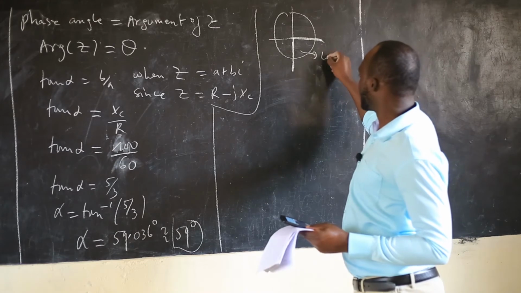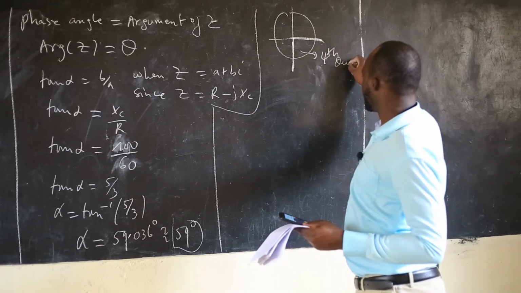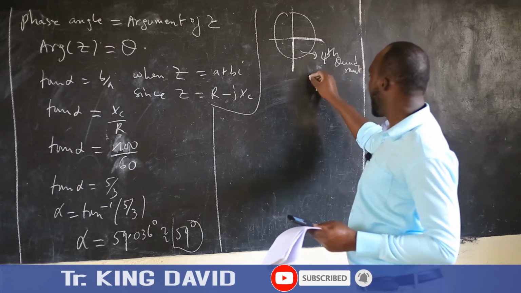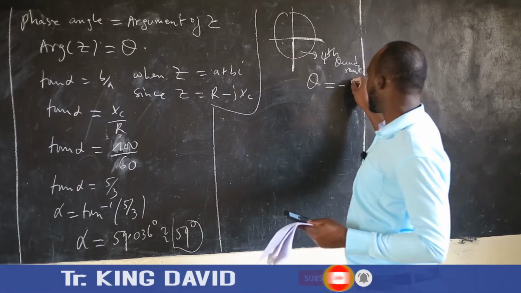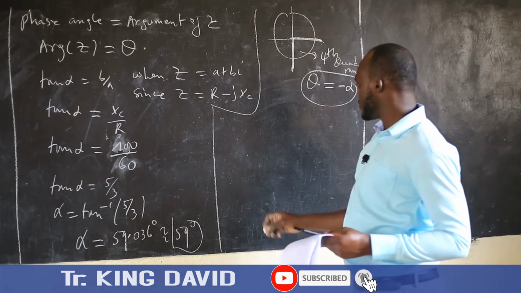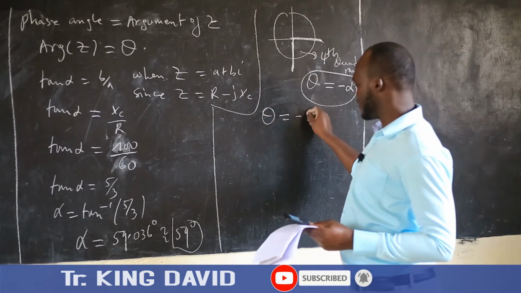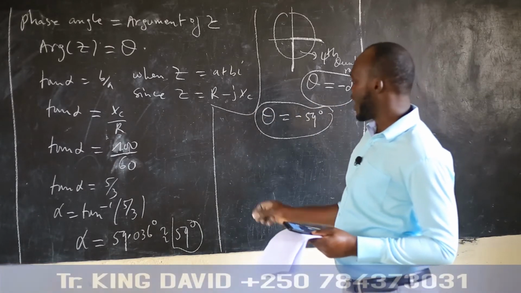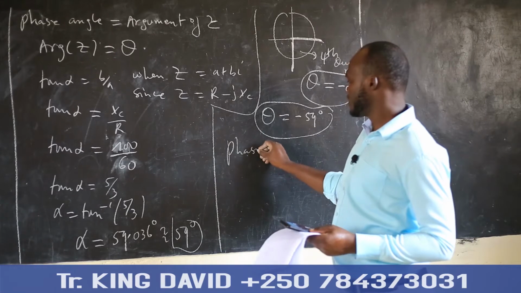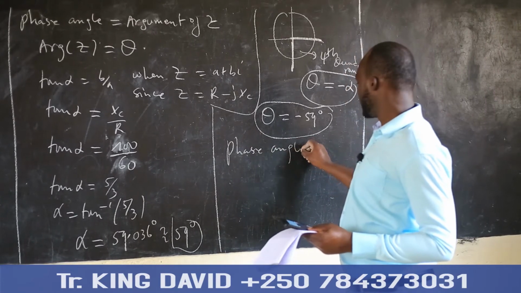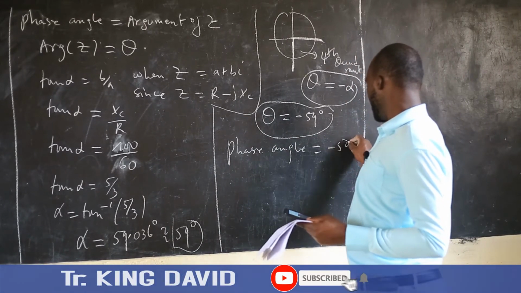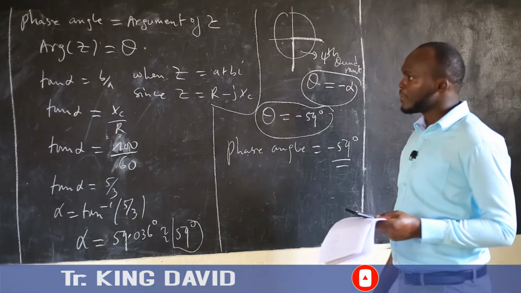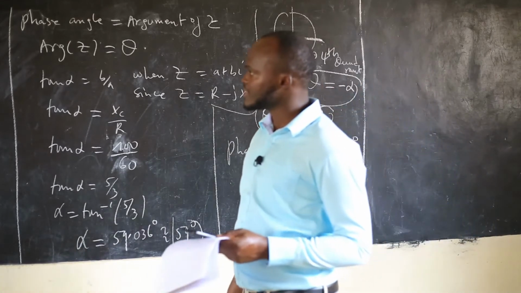So they meet in the fourth quadrant, and since they meet there, the angle is the same as negative alpha. So our angle is negative 59 degrees. So our phase angle equals negative 59 degrees. That was C.